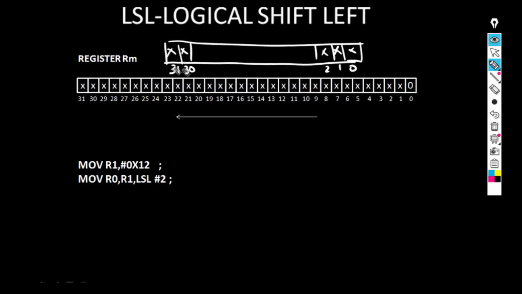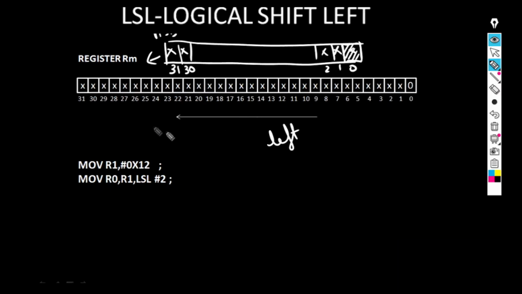The entire content is shifted to the left side, and obviously when you shift everything to the left, the 31st bit is shifted out and the initial location will be vacant, so that is filled with 0.